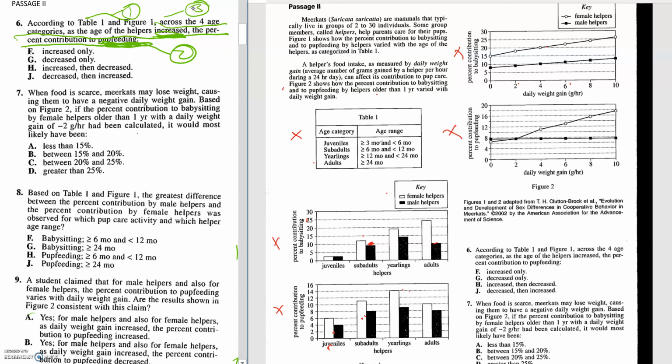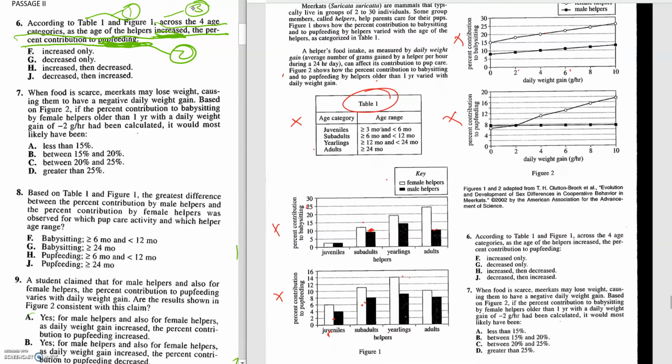All right, first step is we find table 1. Go to the right hand side, table 1's here, figure 1 is, that's a picture, down here. Across the 4 age categories, right, we see age category here, and we have juvenile, sub-adult, yearling, and adult.